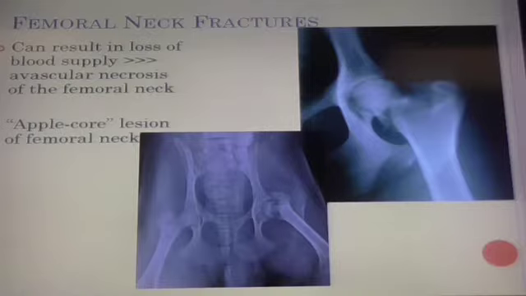Okay. Now, I'm going to see if you were listening. Would you put idiopathic avascular necrosis in your differential? Idiopathic avascular necrosis on my left. Yes or no? Yes. What about over here? Yes? So, what is the radiographic sign of idiopathic avascular necrosis?